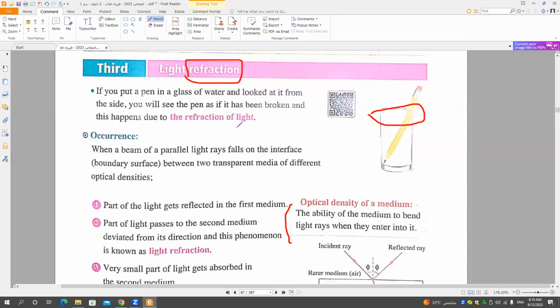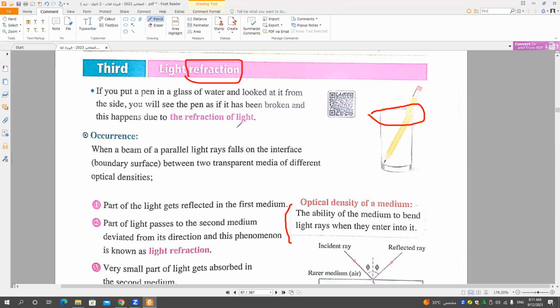Now we need to know the reason of light refraction. It is the change of light direction if it travels between two different transparent media, between air and water, air and alcohol, water and glass, and so on. What will happen? Light refraction.